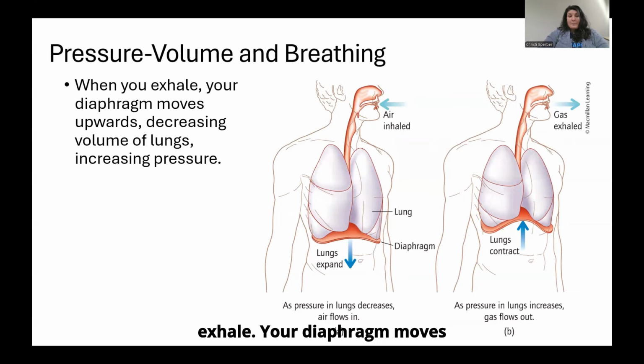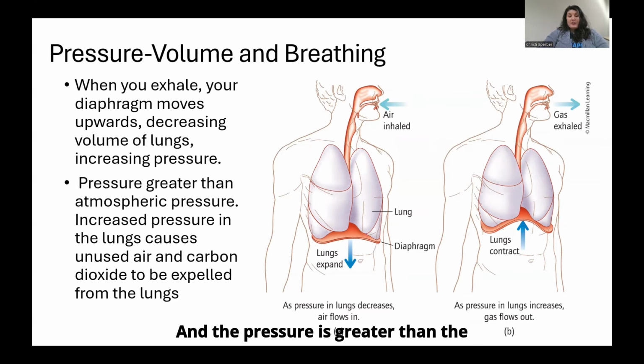When you exhale, your diaphragm moves upwards, decreasing the volume of your lungs, and therefore increasing pressure. And the pressure is greater than the atmospheric pressure. This increased pressure in the lungs causes unused air and carbon dioxide to be expelled from the lungs.